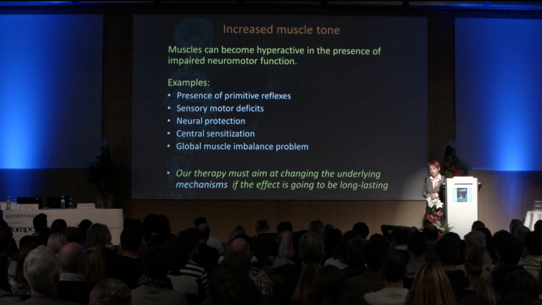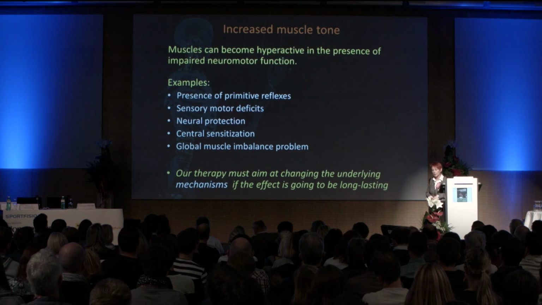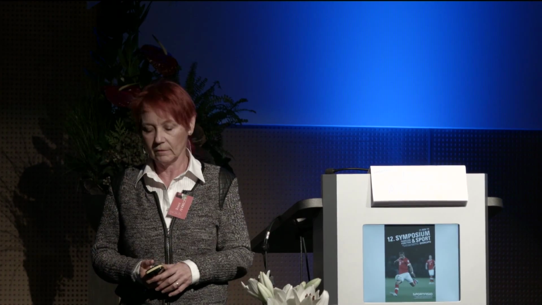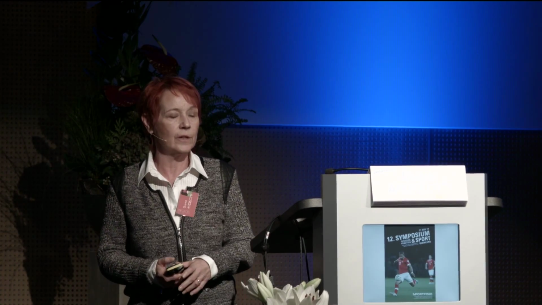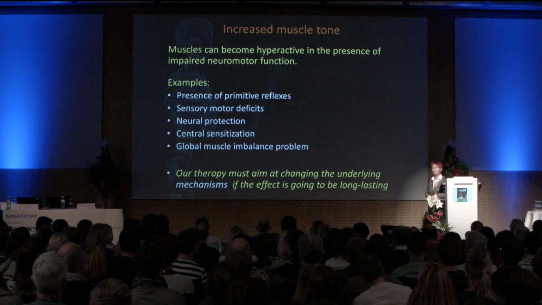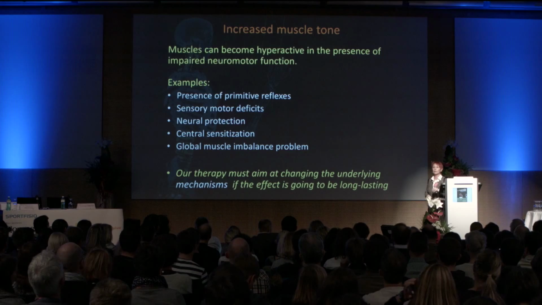So the examples can be in the presence of primitive reflexes, sensory motor deficits, neural protection, central sensitization, so a change in the chemicals of the nervous system, and of course, as Shirley was very much pointing out, the global muscle imbalance. So our therapy has to aim at looking at whatever is the real problem that is underlying.